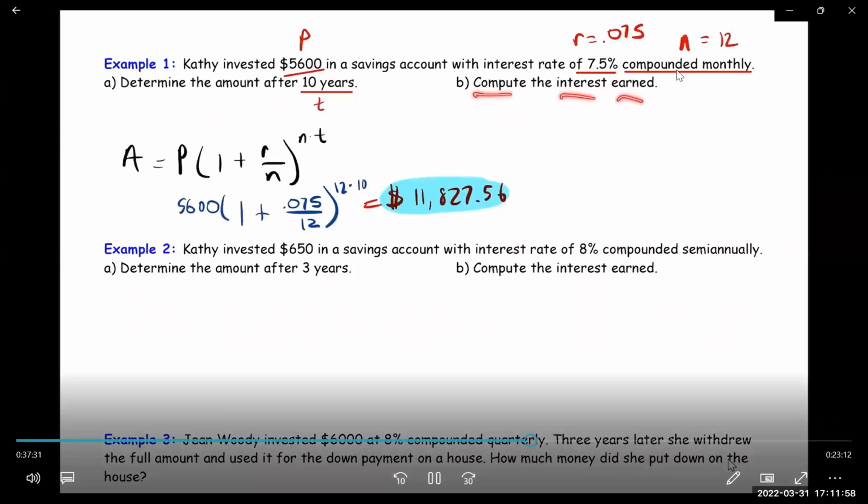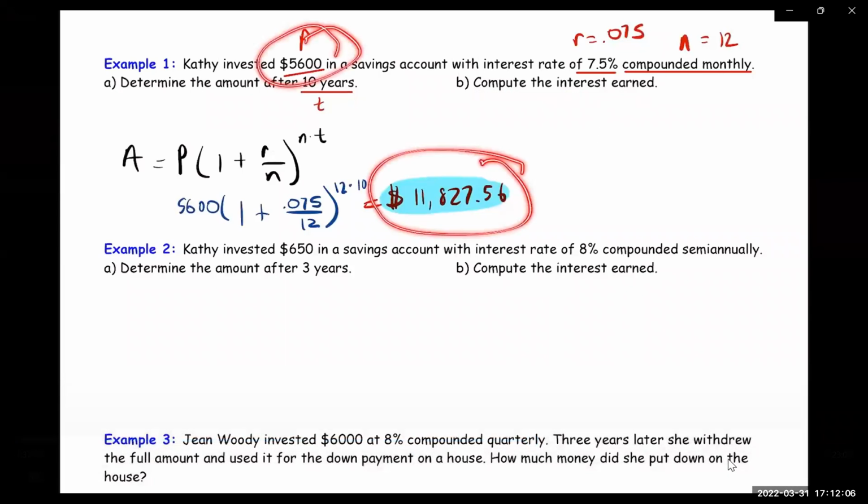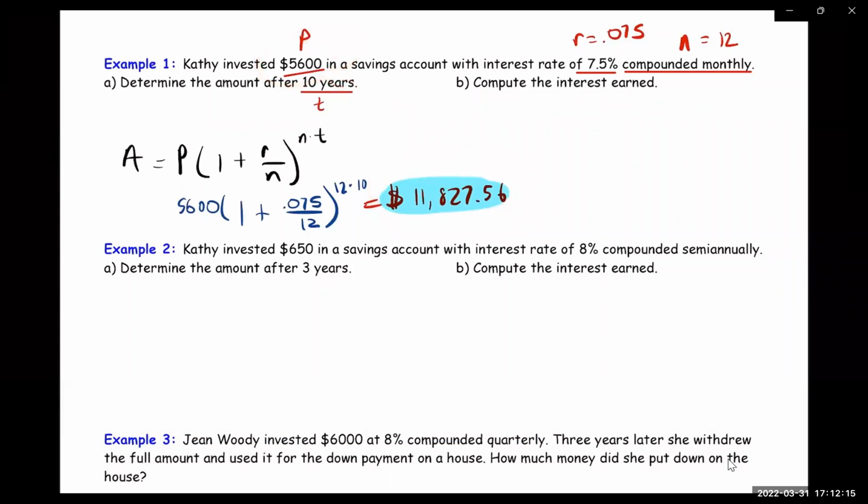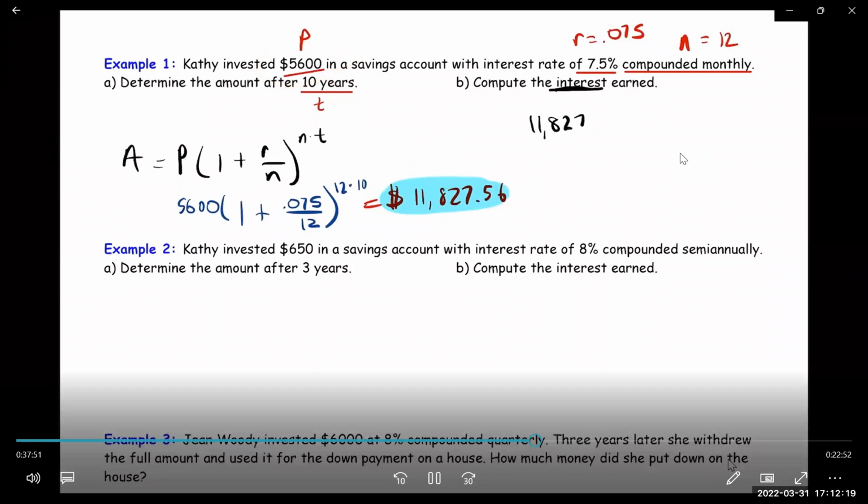Compute the interest earned. So the interest that you earn, anybody know how to find the interest if you have the principal and the final amount accumulated? Well, you would just subtract. That's how much interest you would earn. So it's going to be 11,827 minus the amount that you invested to begin with.